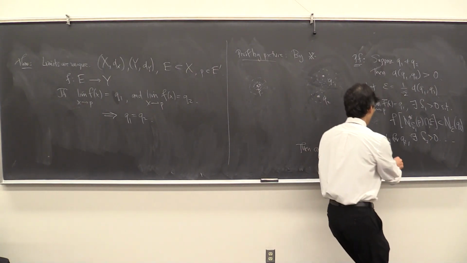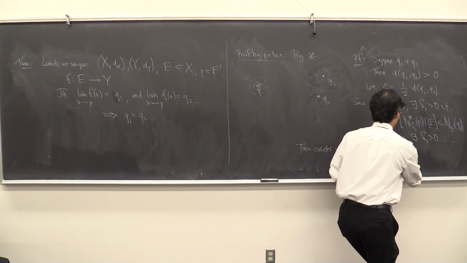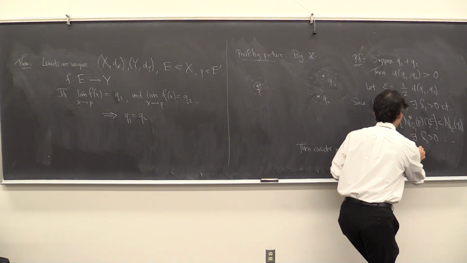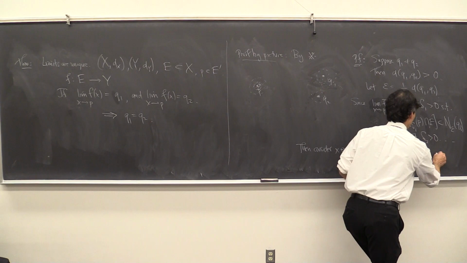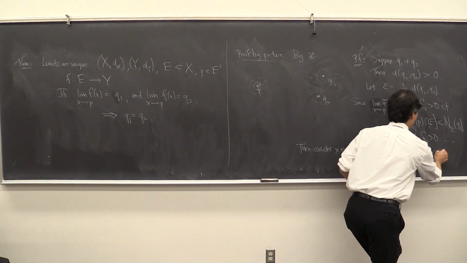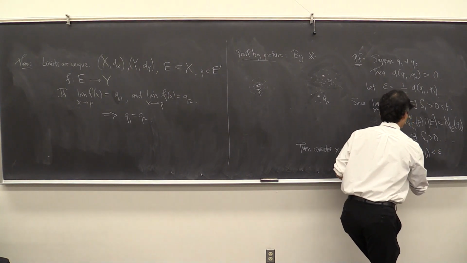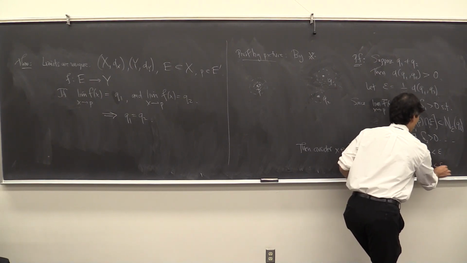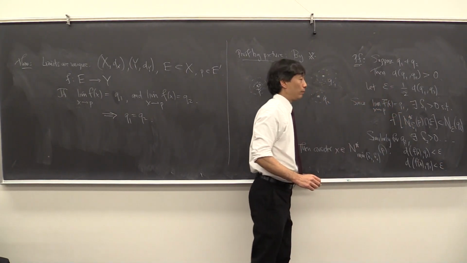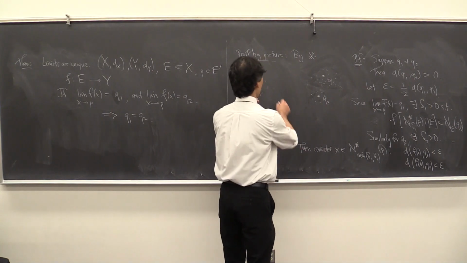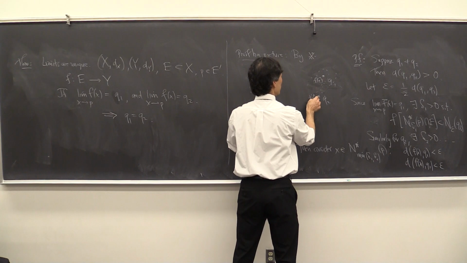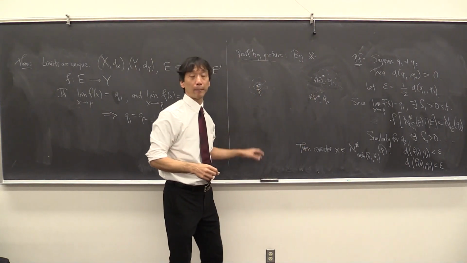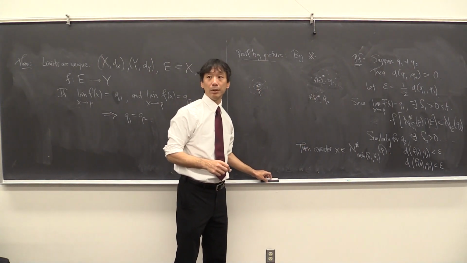Then we know that the distance of f of x to Q1 is smaller than epsilon, and the distance of f of x to Q2 is smaller than epsilon. F of x has to lie in this neighborhood, and f of x also has to lie in the other.